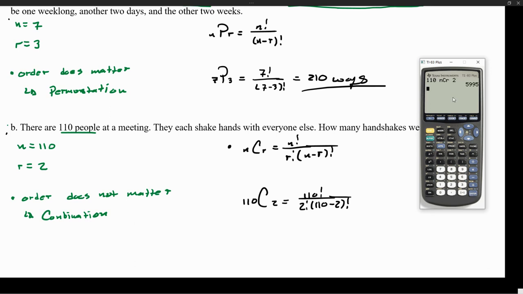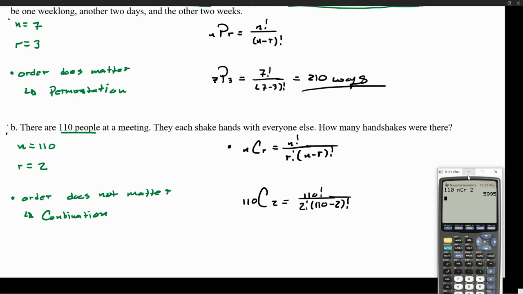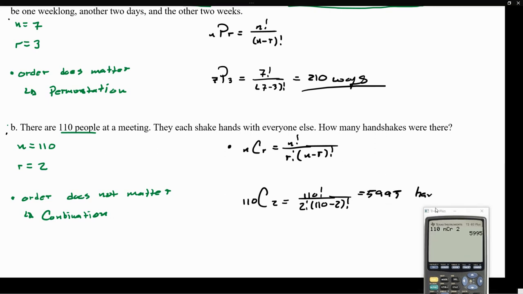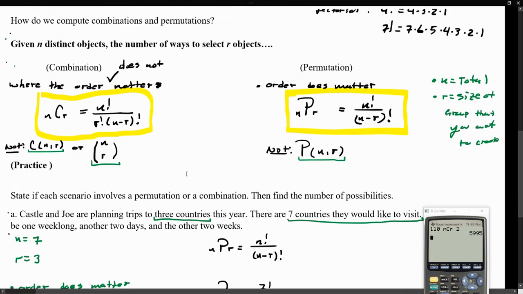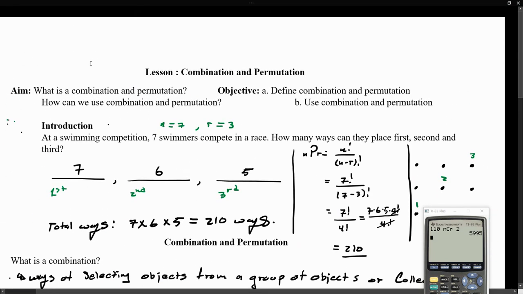And now we have a total of 5,995 handshakes that we could have gotten. And with this, it concludes our lesson for combination and permutation.